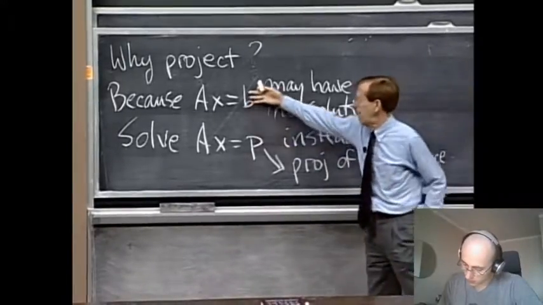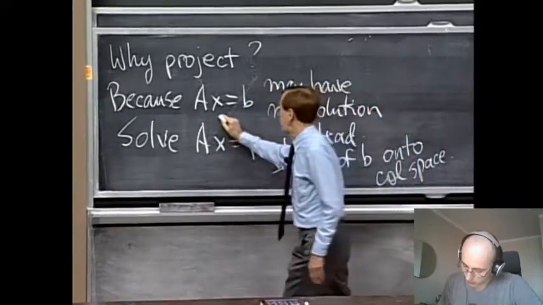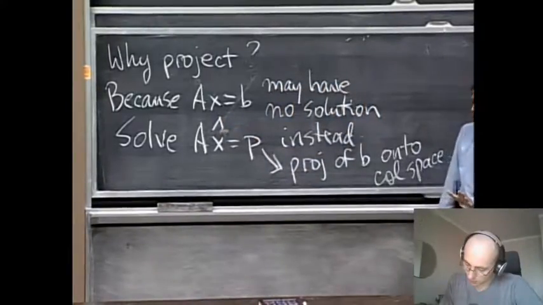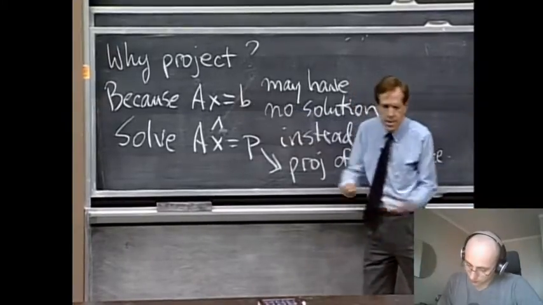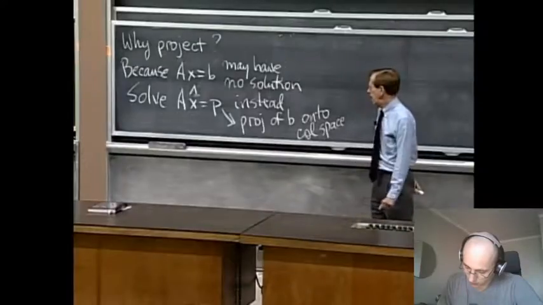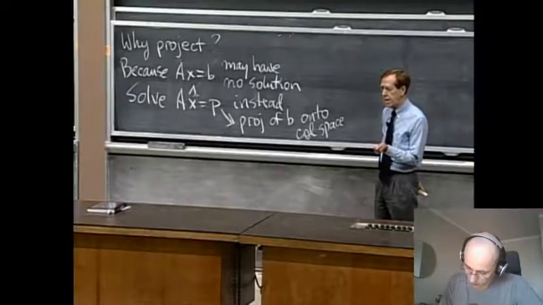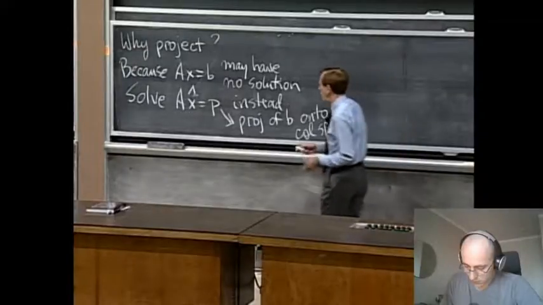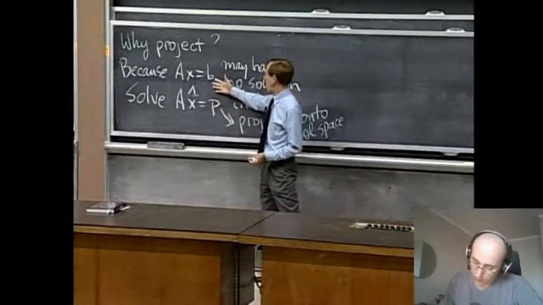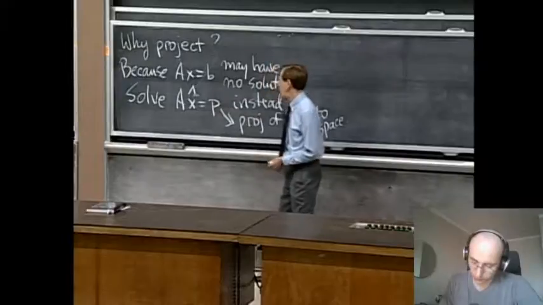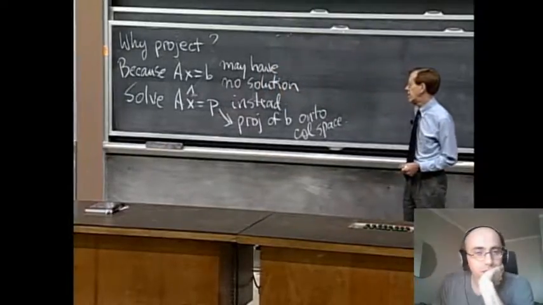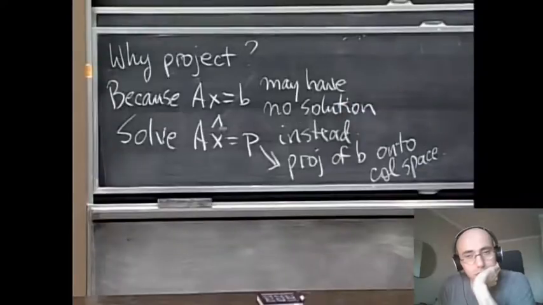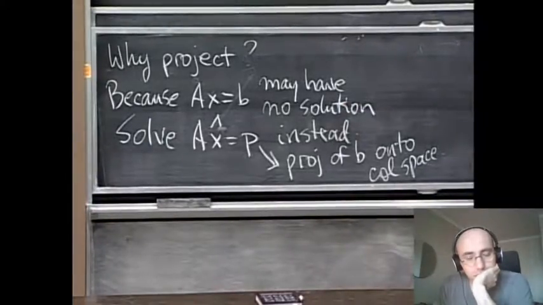I'm going to put a little hat there to indicate that it's not the X that doesn't exist, it's the X hat that's best possible. So I must be able to figure out the good right-hand side that is in the column space and as close as possible to B, and then I know what to do.